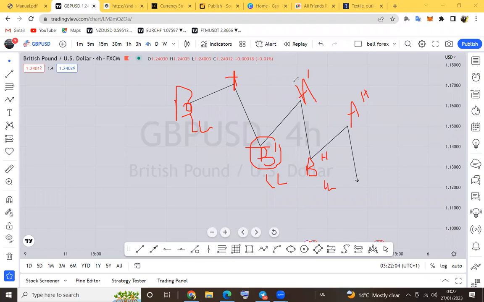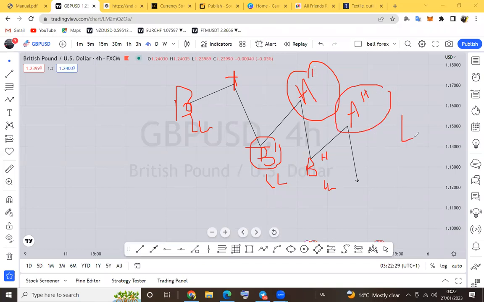Now, A prime is lower than A, even though A is high in respect to B. So A prime is a high, but it's a lower height because there is another height above it. And A prime plus will be a lower height compared to A prime.